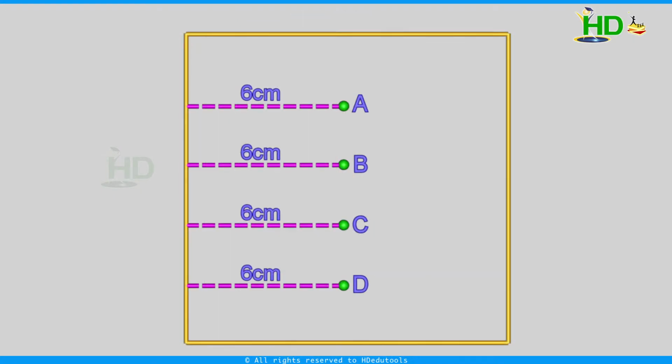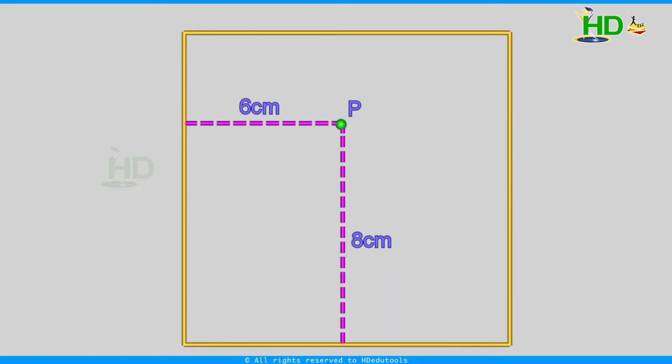Similarly, you consider this figure. A, B, C, D, 4 points. These are at a distance of 6 cm from this edge. To fix the exact position of the point, is this information enough? No, some more information is required. Similarly, suppose you take this. Now this P is a position. From this edge, it is at 6 cm distance and from this edge, it is at 8 cm distance.